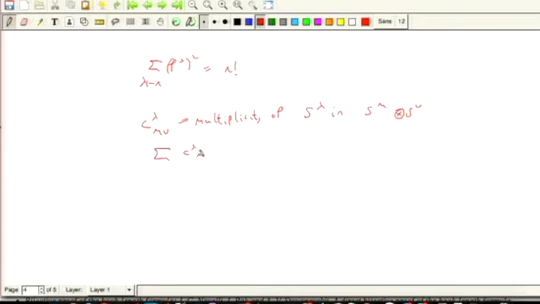Anyways, these multiplicities are hard to compute, but if you take the sum of the squares, where you sum over all lambda, mu, nu, where lambda is a partition of n, you get the number of integer partitions of n where you color the parts black and white. So that's one of the main results of that first project.